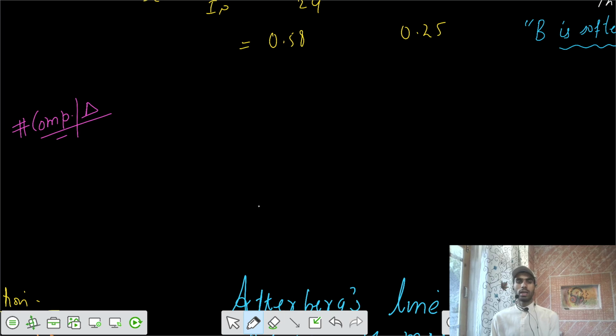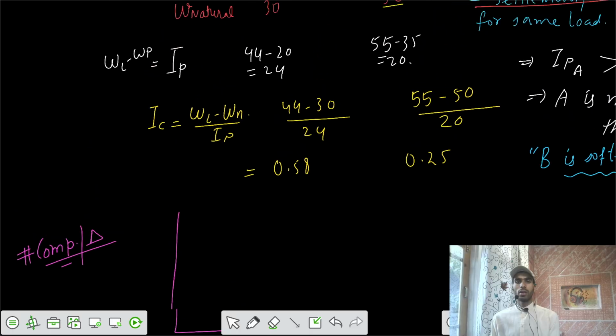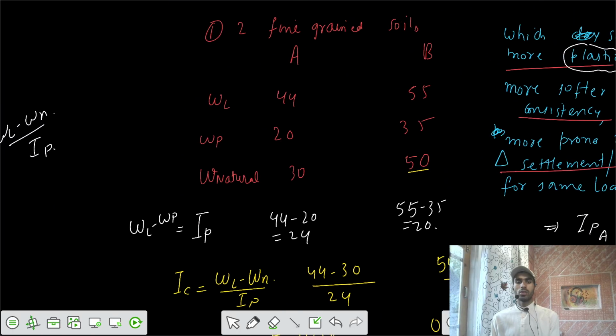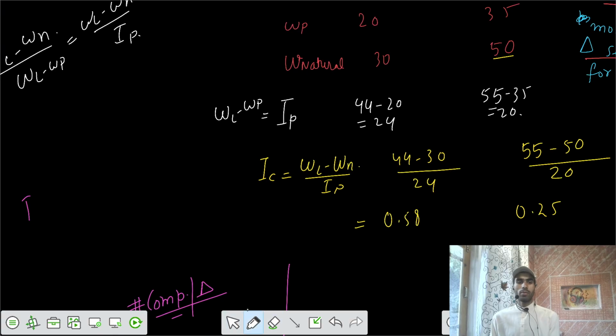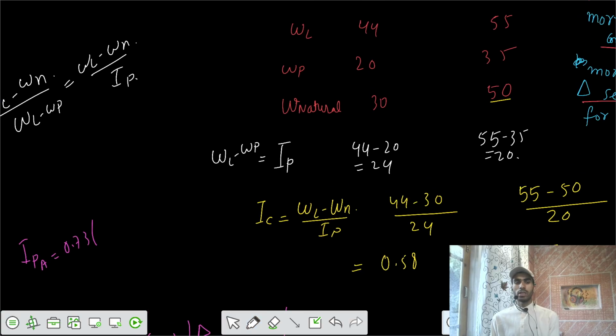For settlements, let's go for soil A. What is the equation for IP on the A line? The IP for A is 0.73 times liquid limit minus 20. We want the IP for soil A and the IP for soil B using the A line equation, 0.73 times liquid limit minus 20.